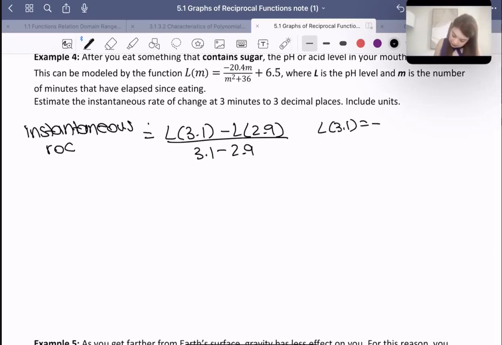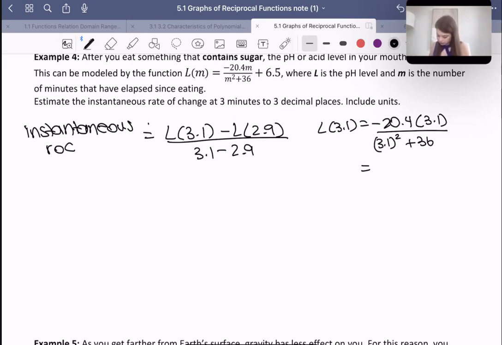It would be minus 20.4 times 3.1 over 3.1 squared plus 36. Okay, and let's see what that's equal to. So 20.4 times 3.1, that's negative 63.24 over 3.1 times 3.1 plus 36.